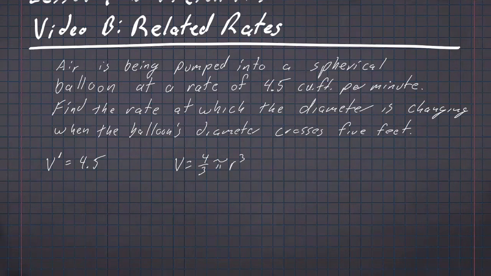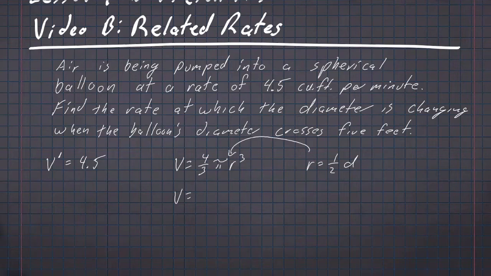Now, a little bit tricky here, because our problem is not asking us about the radius of the sphere, it's asking us about the diameter. So we know that the radius is 1/2 of the diameter. So let's go ahead and plug that into the equation.